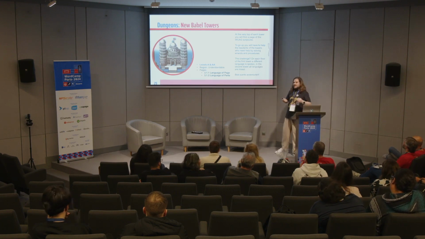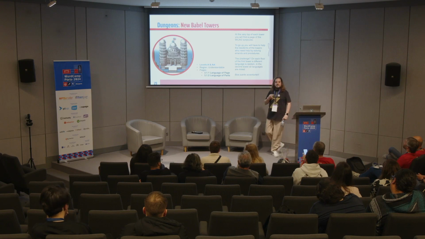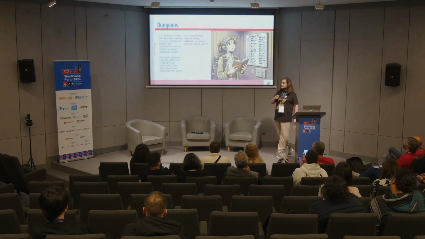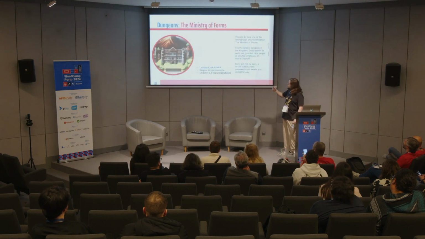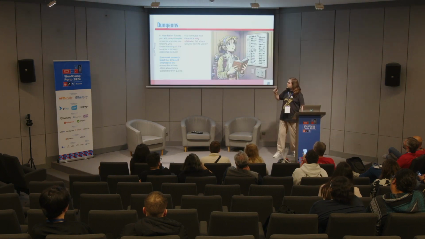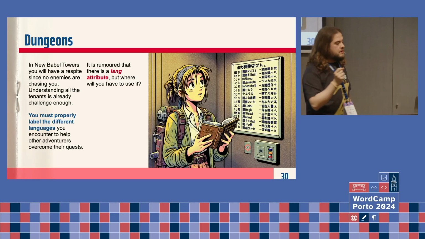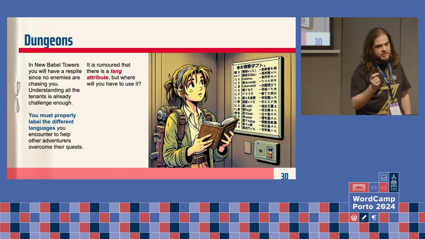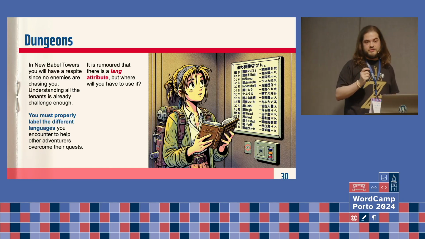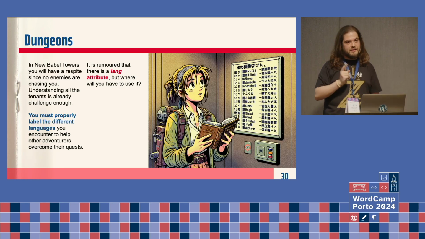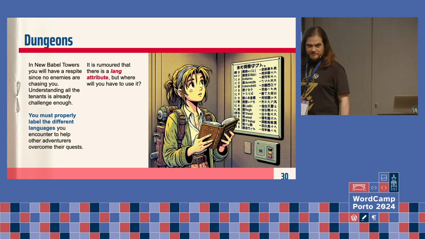Well, the problem is that each inhabitant speaks a different language. So you must properly label the different languages that you find. It's rumored that there is a lang attribute that you can use for that. The question is that you have to find where to place that attribute.